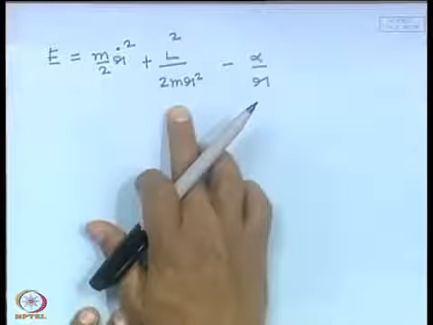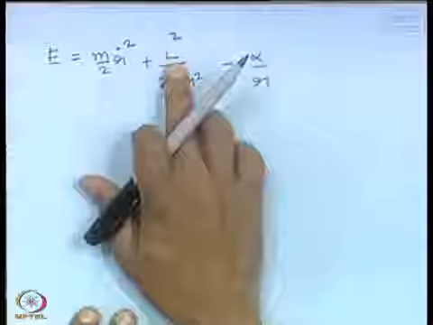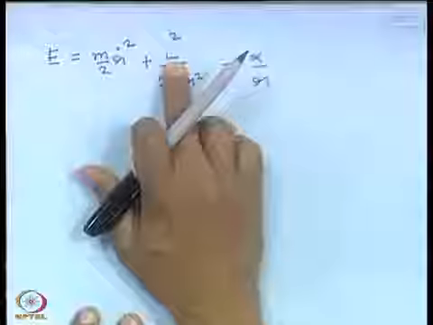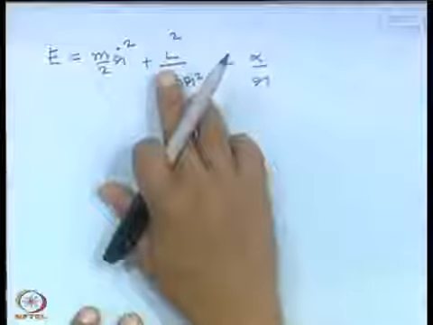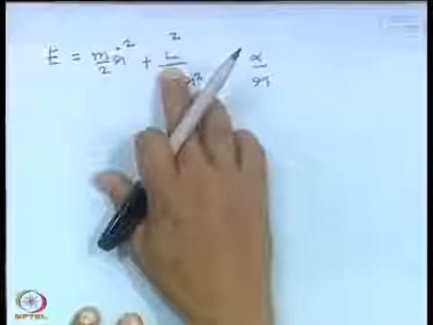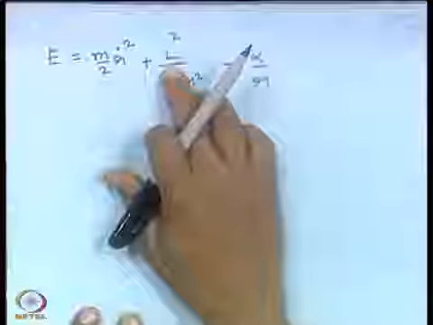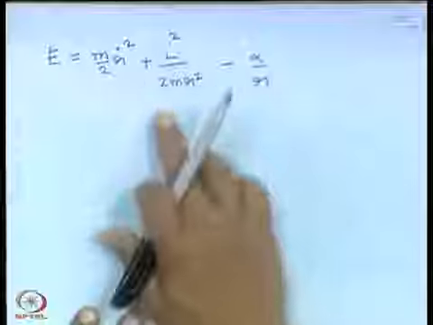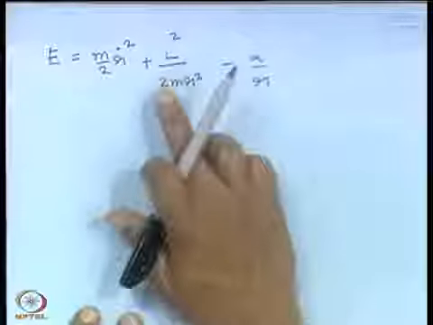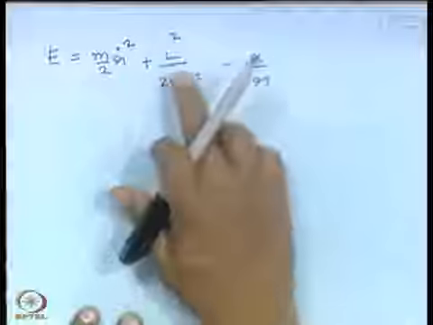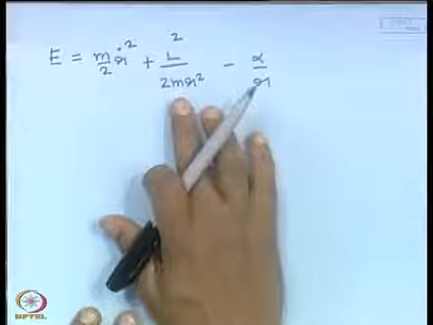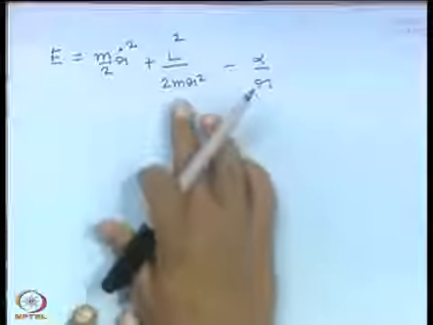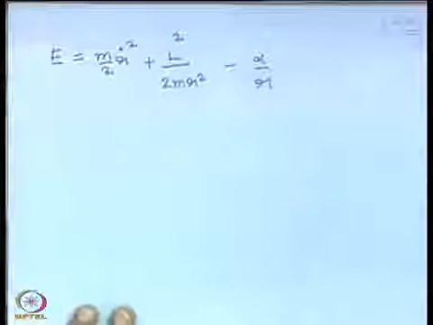Please note that I have changed the symbol for the angular momentum. We had used capital M earlier, but then I realized that it could be confused with the total mass. So, I have replaced it with capital L. Capital L is the angular momentum. This is the kinetic energy of the tangential motion, and this gives rise to the centrifugal force, this potential, minus alpha by r.